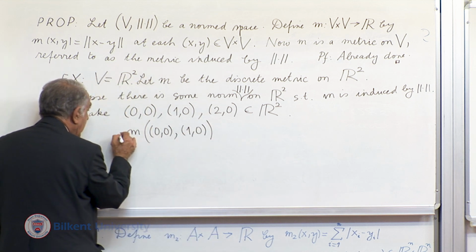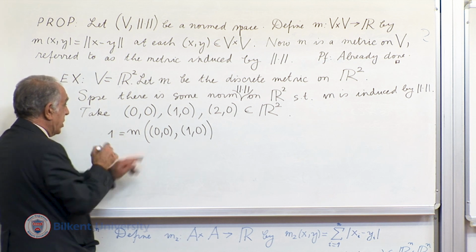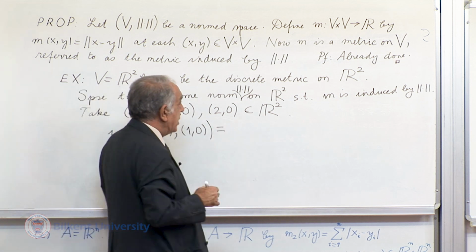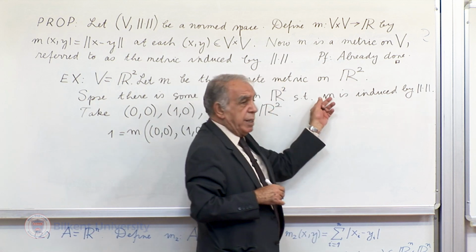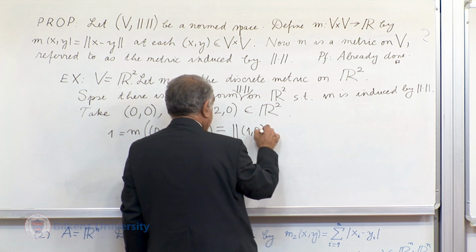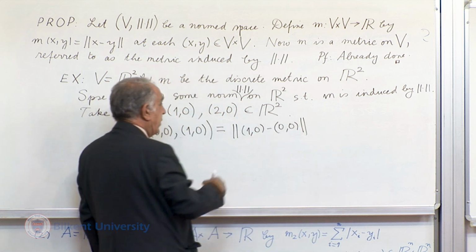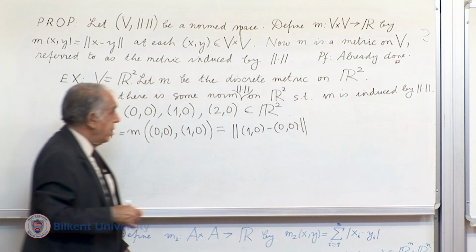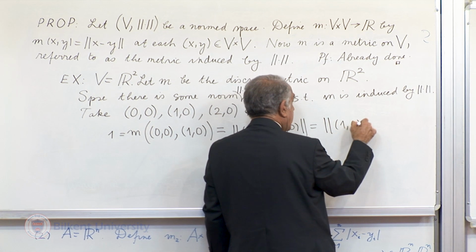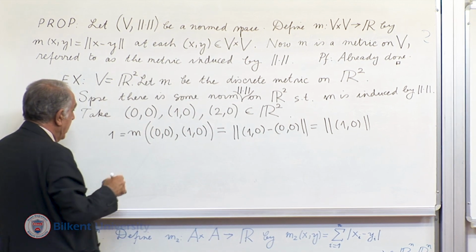Well, by definition of the discrete metric, that's 1, because these are not the same. But by the supposition that this norm induces M, this will be equal to the norm of the difference (1, 0) minus (0, 0). But this is just the norm of (1, 0) when we perform this operation.